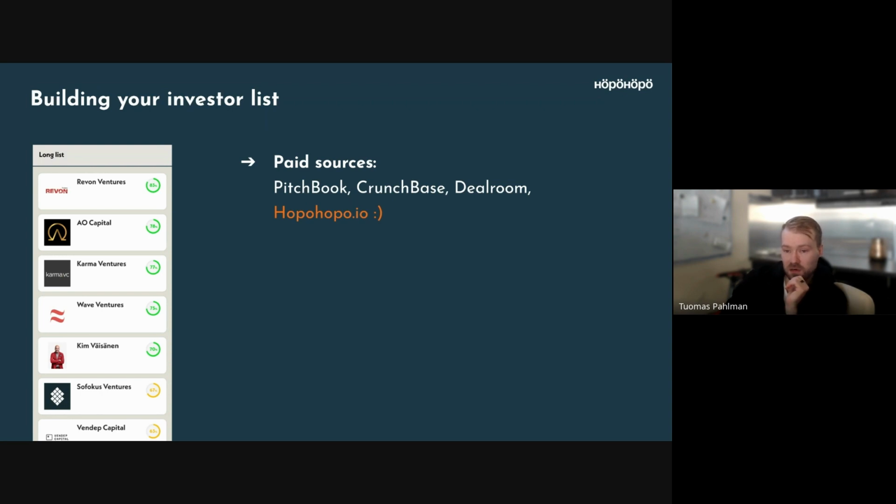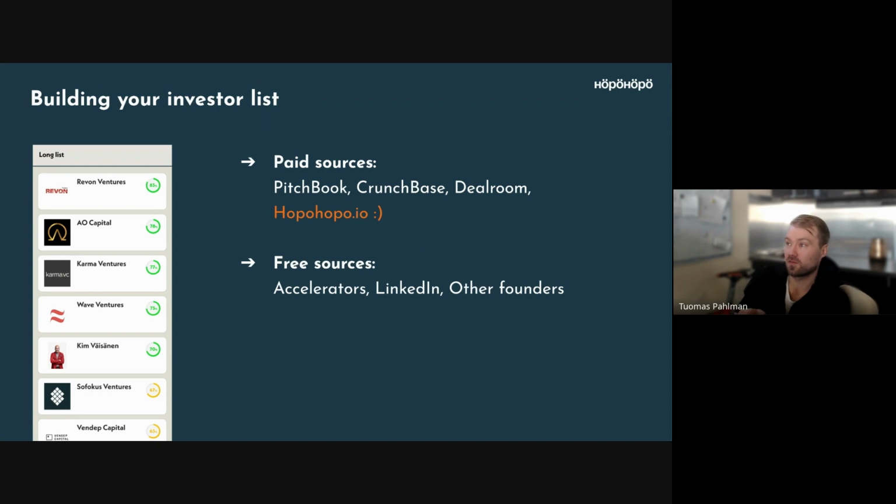So these are paid sources, and then you have a lot of free sources like accelerators. LinkedIn is full of investor lists, but I think most of those investor lists you've seen on LinkedIn are very poor in terms of quality. If an investor list has 50-60% good data, that means every other line is bad, and it's very hard to validate those lists.